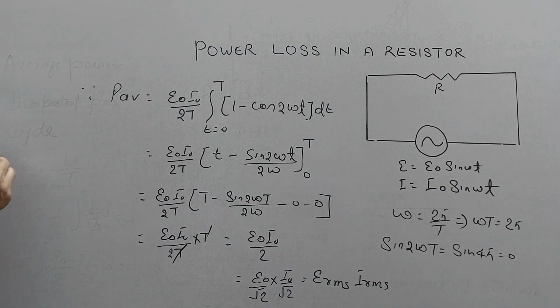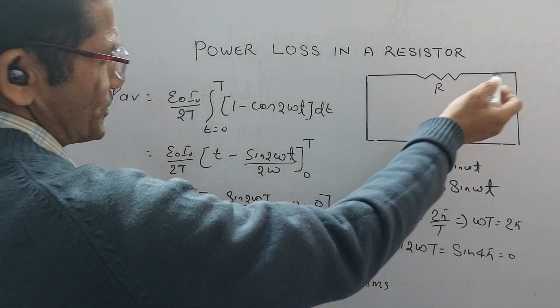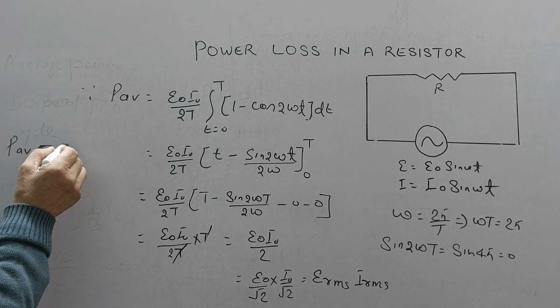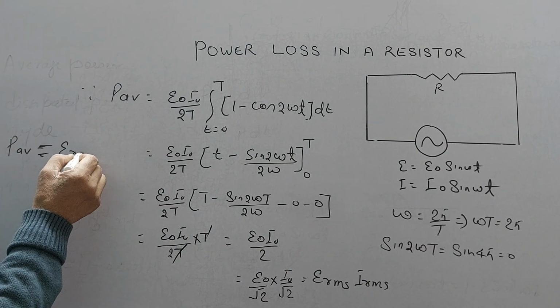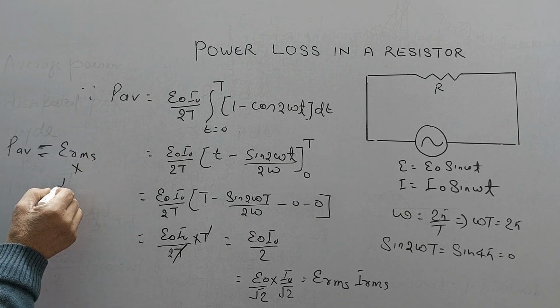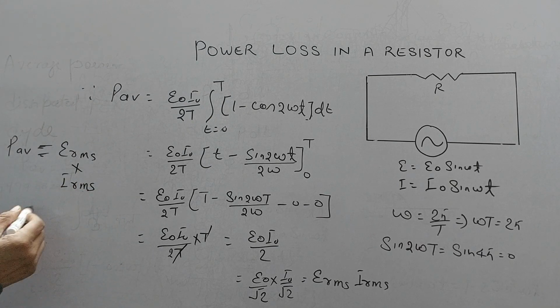Therefore, the average power loss across a purely resistive circuit is E RMS into I RMS.